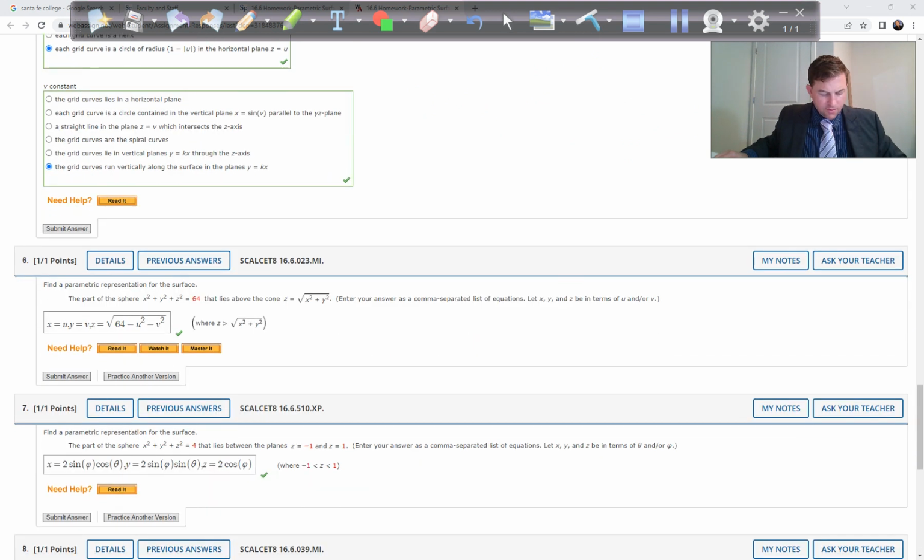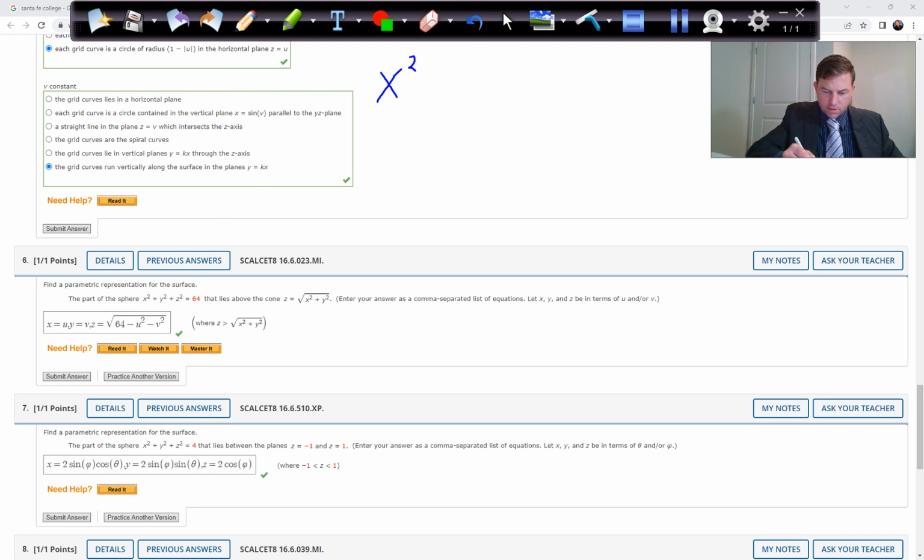For problem 7, it's very similar. We have x squared plus y squared plus z squared equals 4.